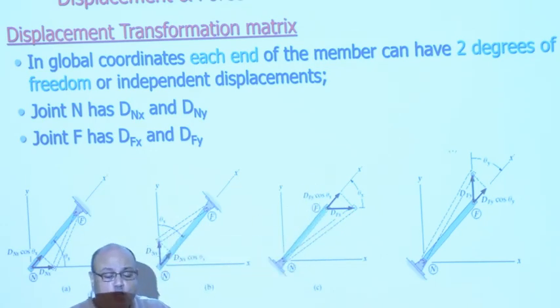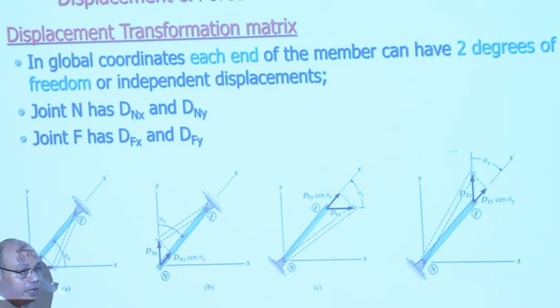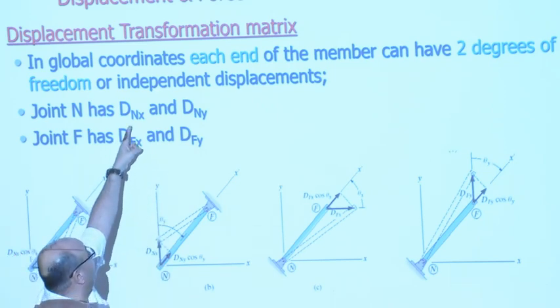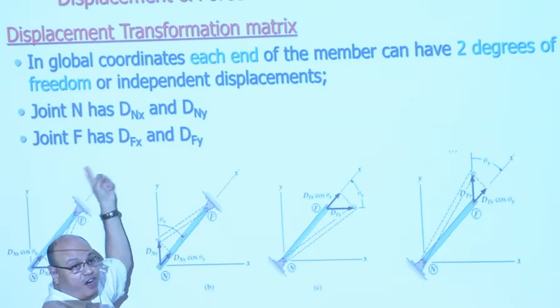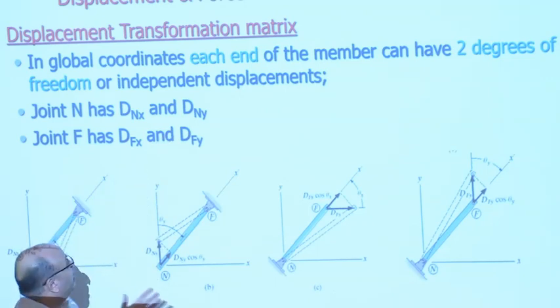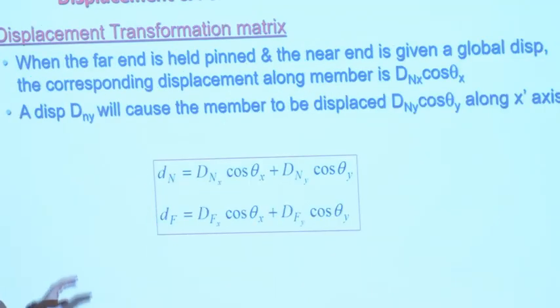So I do have 2 degrees of freedom for the global coordinate system. So any joint n, which is the near, or any joint f, which is the far, will have Dnx, which is right there, and Dny. That's for the near. For the far end, it will have Dfx and Dfy.